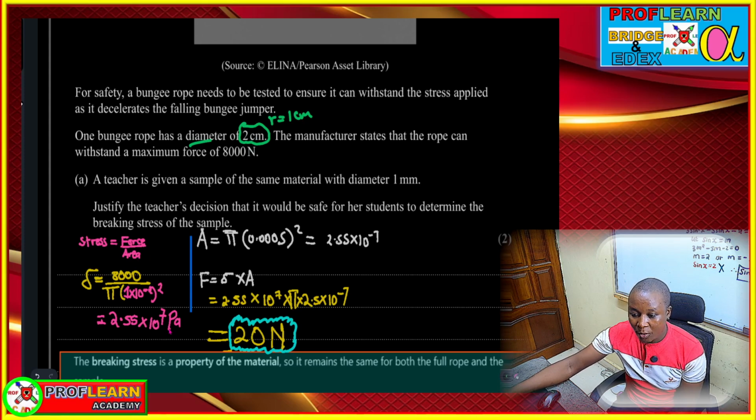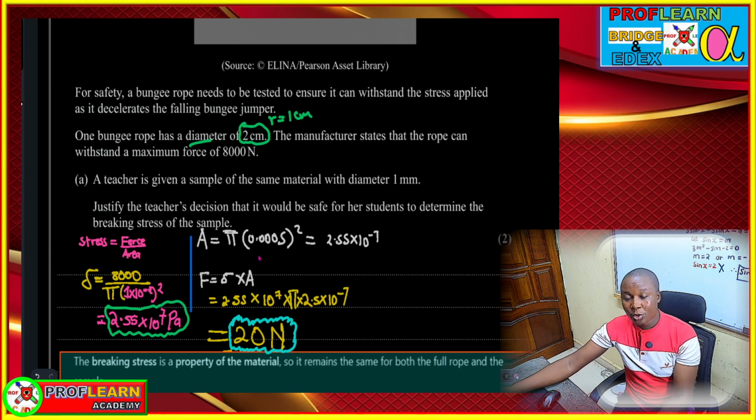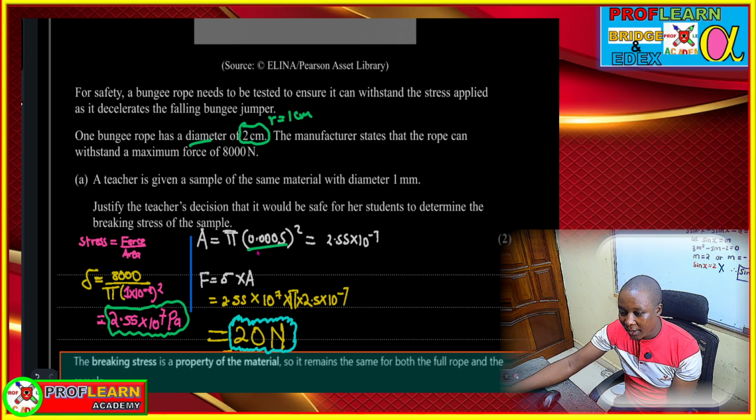So we can work out the stress of this material. After we have gotten the stress of the material for that case, which is 2.55 times 10 to the power 7 pascals, we remember that the stress will remain the same. But for the second case, we are going to use the radius that was given here.